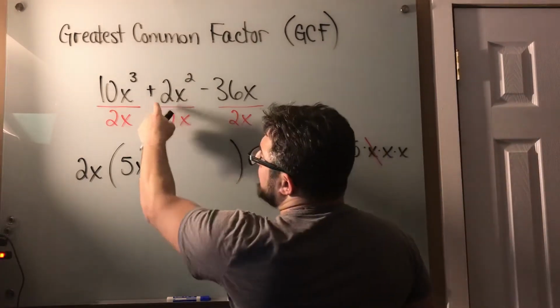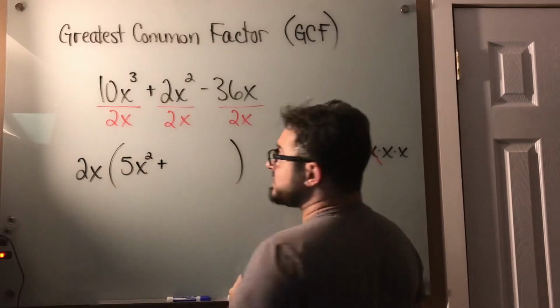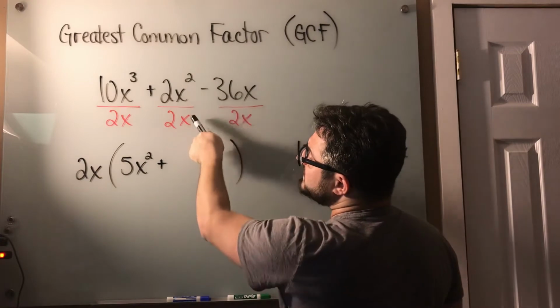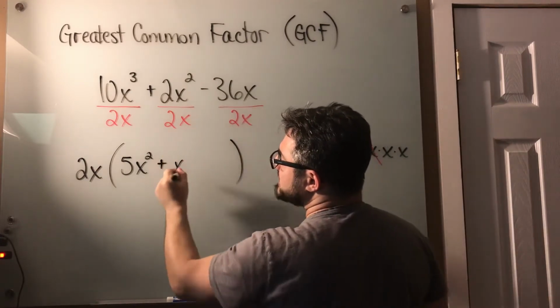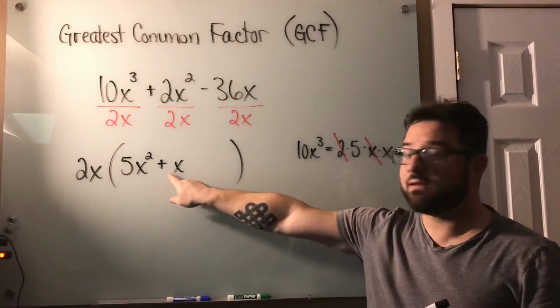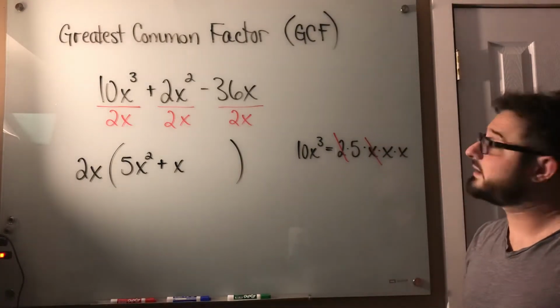Now in this case, we're taking the 2 out entirely, so we're left with a coefficient of just 1, which we don't have to write. And we have 2 x's, we're taking 1 out, it leaves us with a single x. Now you can write the 1 in front of that if you wish. It's not typically written, but it doesn't hurt to write it there if it helps you.